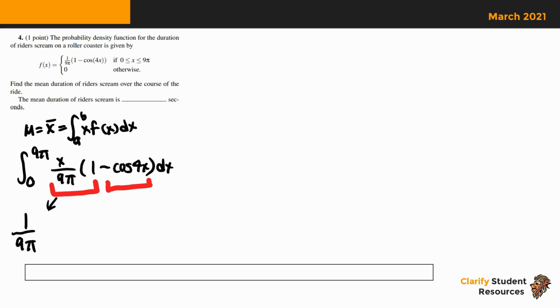Now, whenever you have an x, you're basically going to be left with something squared over 2. So if we plug that in, we're basically going to have something squared over 2 minus something squared over 2. So in this case, we're going to have 9 pi, and then we're going to have 0.